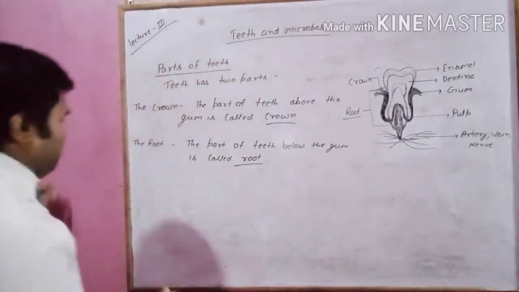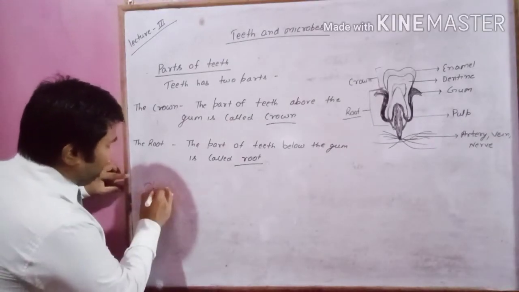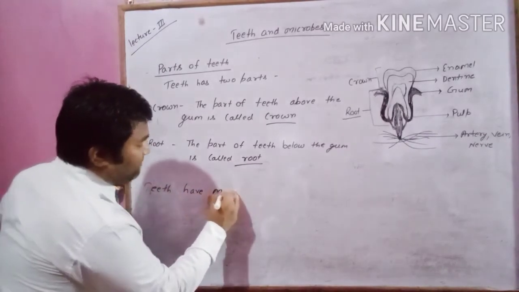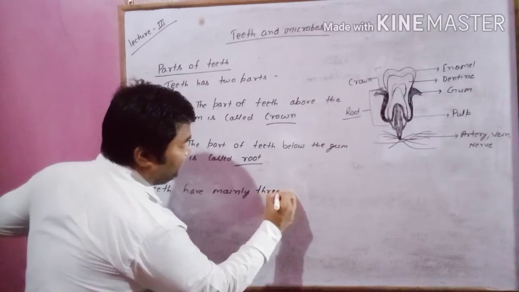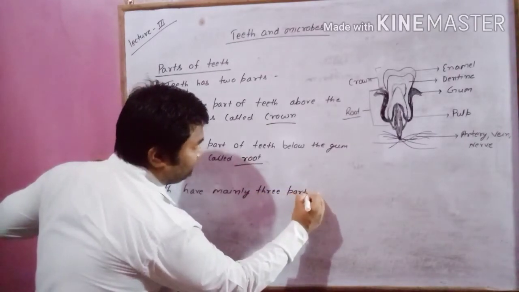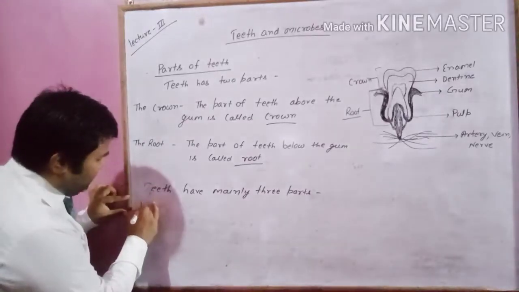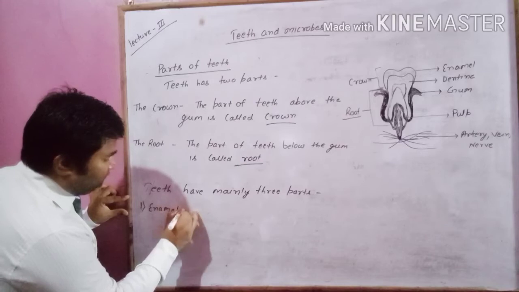So teeth have mainly three parts. First is enamel.